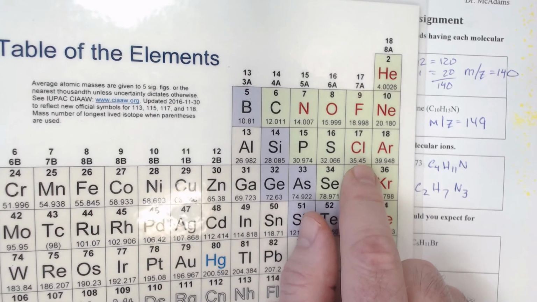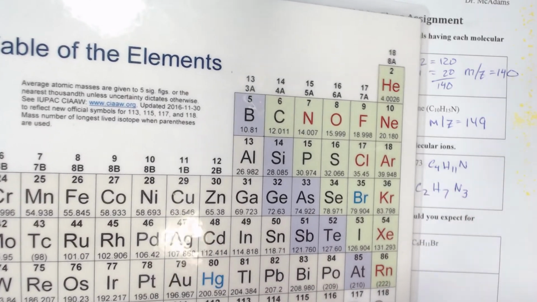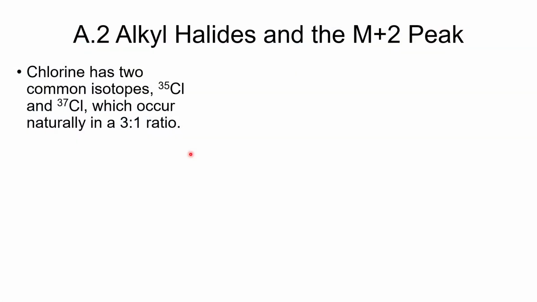We know about isotopes, and we know that chlorine is made up of two isotopes, Cl35 and Cl37. The naturally occurring ratio for that is about 3 to 1. It's like 74 to 26 or something like that. It's maybe 76-24. But anyway, it's very close to 3 to 1.